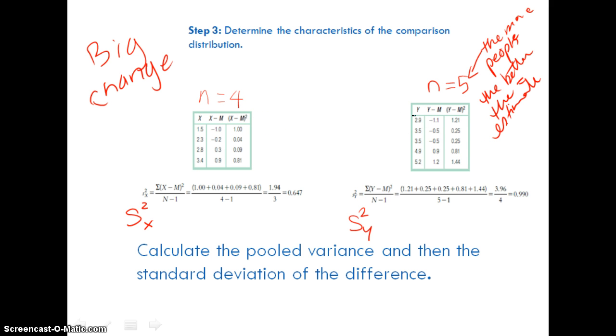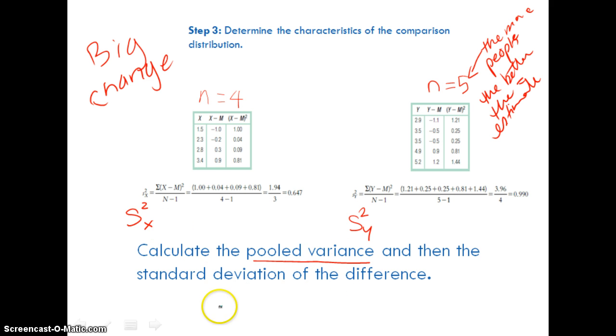So we have one more thing we need to do in order to get a single estimate of the standard deviation. And that estimate of the standard deviation in a two-sample t-test is called the pooled variance.